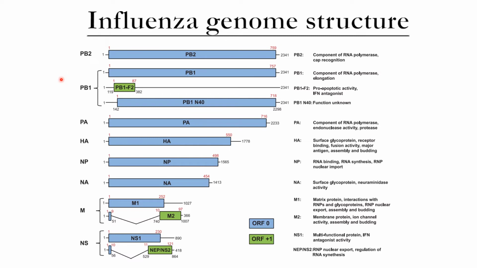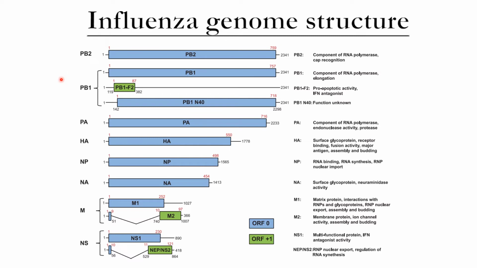Interestingly, influenza A viruses increase the coding capacity of their genomes by both splicing and use of alternative open reading frames. The M and NS genes each give rise to a spliced mRNA encoding the M2 and the NEP or NS2 protein.